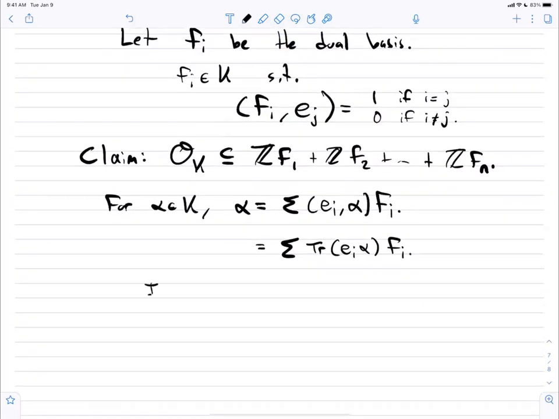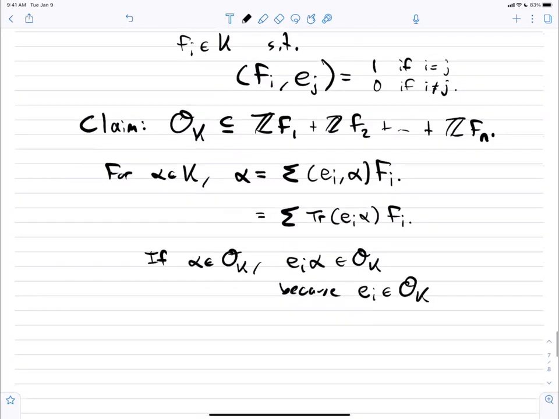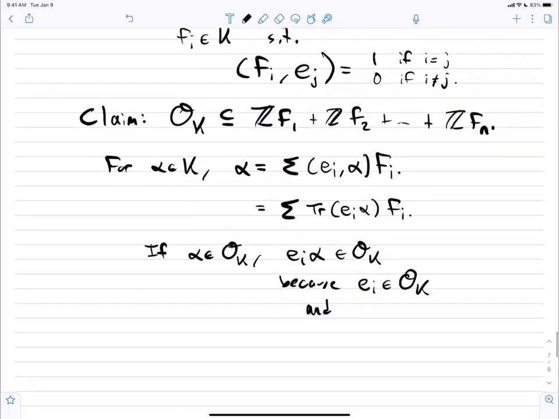And if alpha is in OK, then Ei times alpha is also in OK, because by choice Ei was in OK, and OK is a ring.